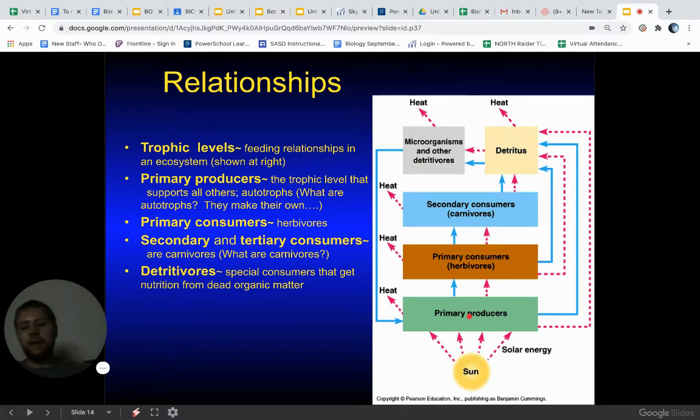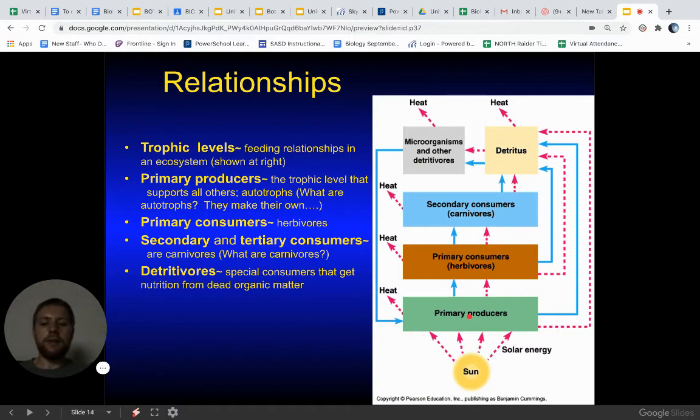And they convert that light energy into chemical energy stored in carbon compounds like starch and glucose. And from there on, they are eaten by our primary consumers, which are the first things to eat the producers. They are herbivores, like a cow or a deer, for example.